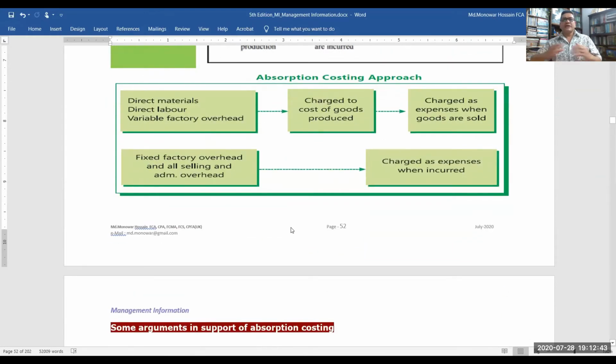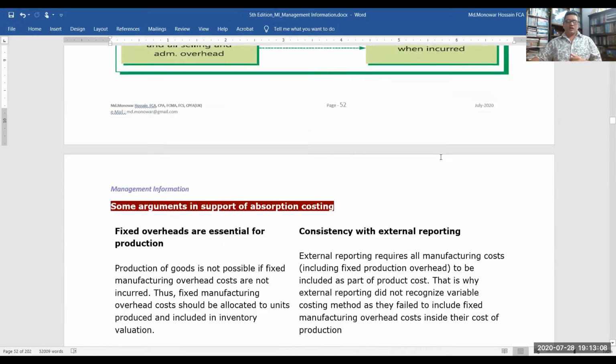In the absorption costing approach, direct material, direct labor, and variable factory overhead are charged to cost of goods produced and charged as expenses when goods are sold. Fixed factory overhead is also included, while selling and administrative overhead is charged as an expense when incurred. This is the absorption costing approach.